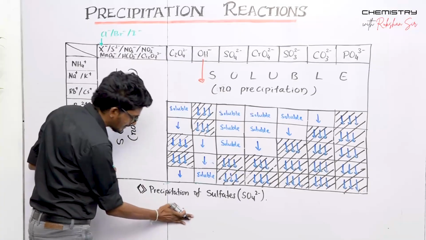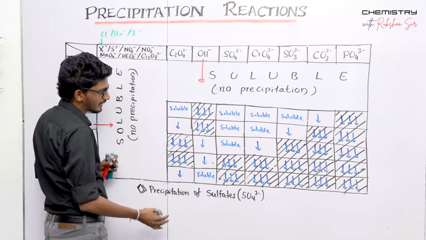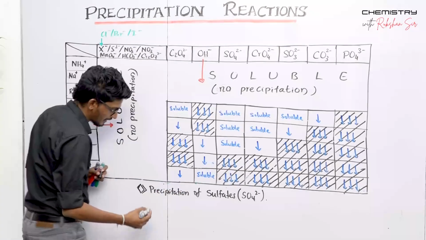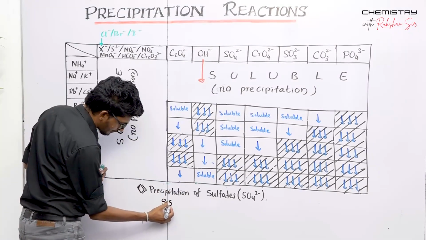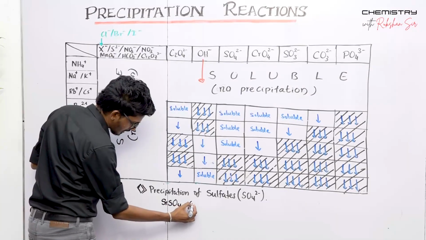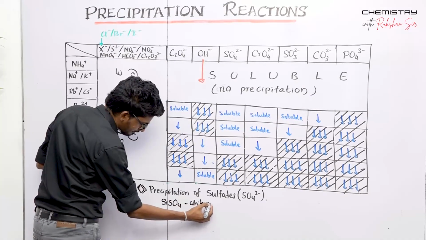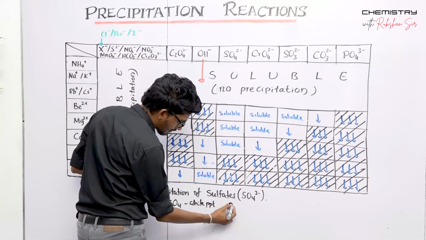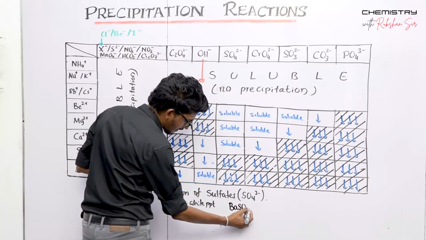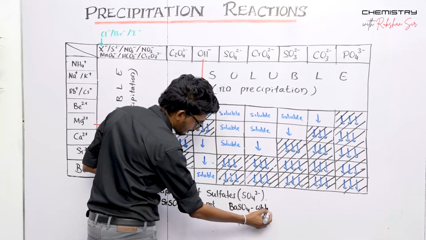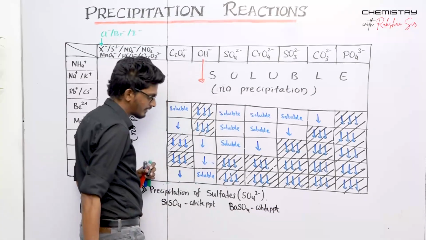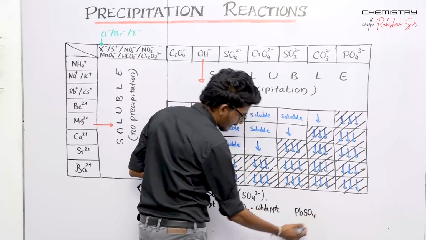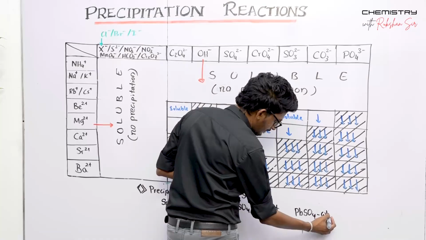What are those? Only these 3. You can clearly see two of them appearing with the precipitation table here. Those are strontium sulfate, the white PPT, then you have barium sulfate, again a white PPT, and then the next one is lead sulfate, again a white colored PPT.